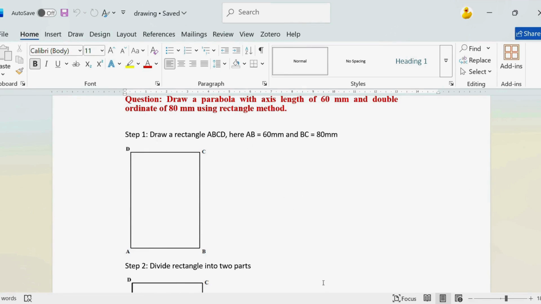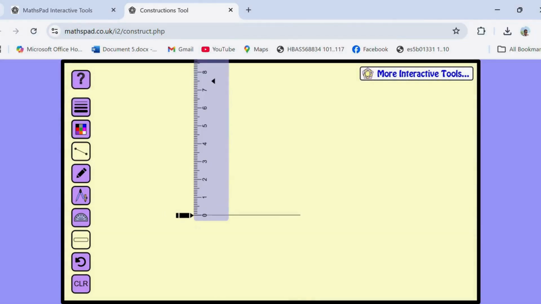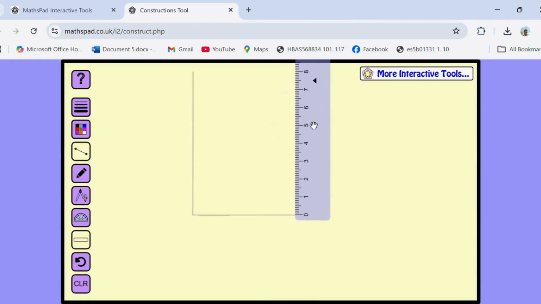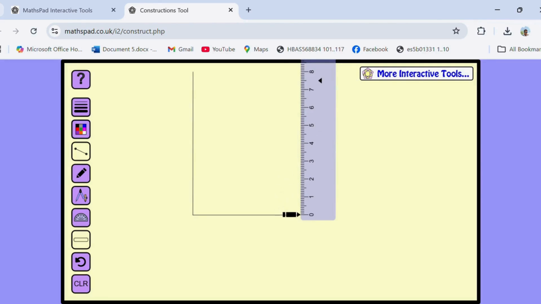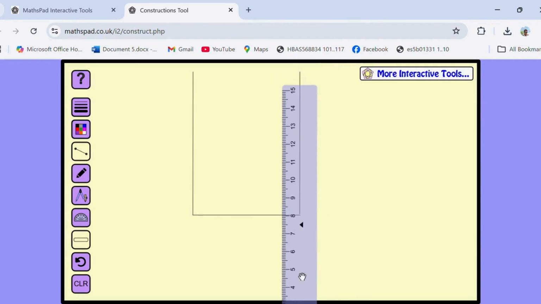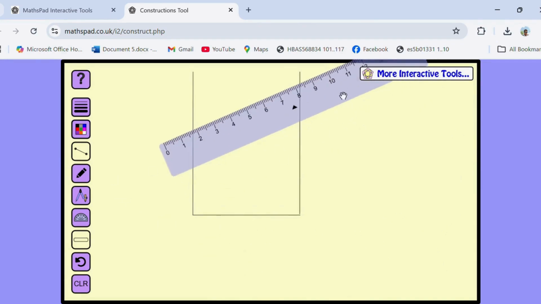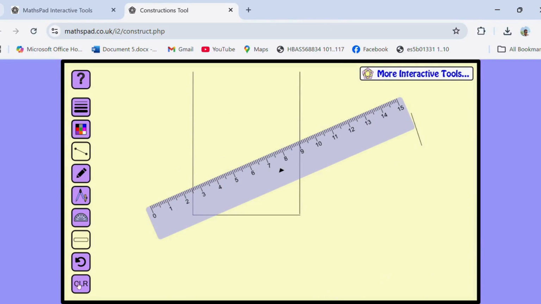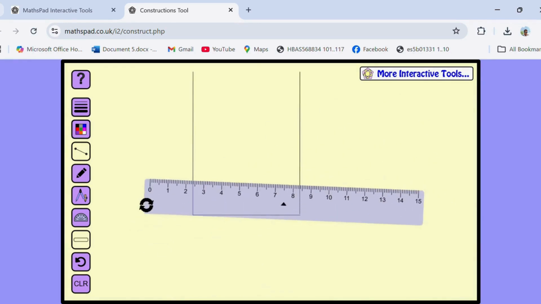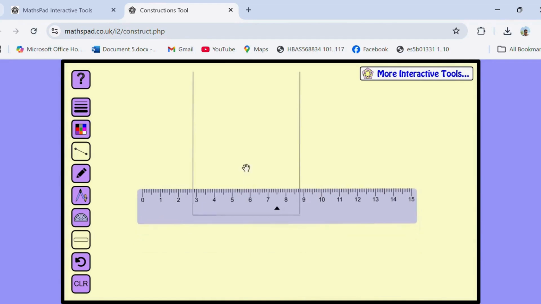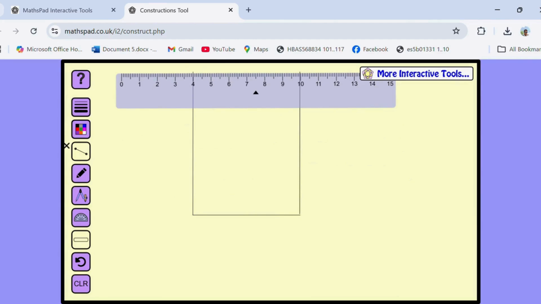So let's draw a rectangle ABCD in our MathsPad. So we draw a rectangle ABCD.